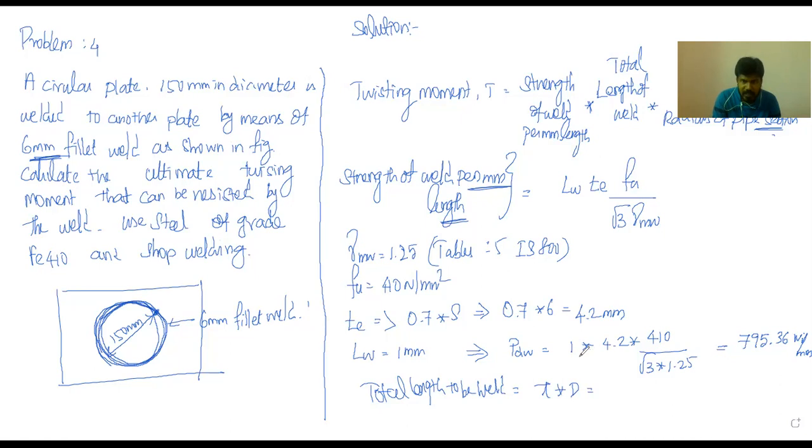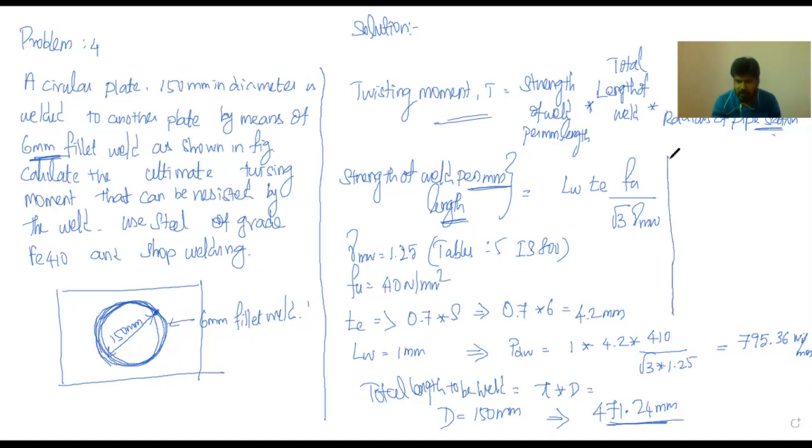Here the diameter of the circular section is equal to 150 mm. So pi into d, 150 mm, gives 471.24 mm.